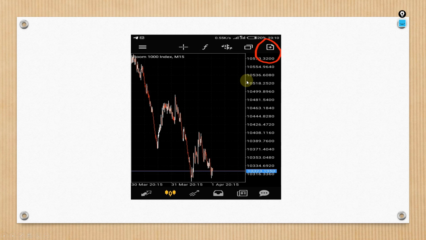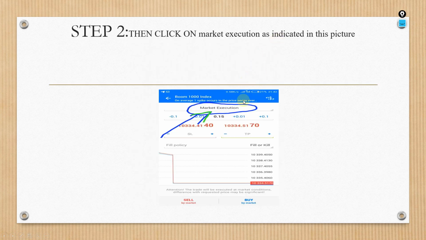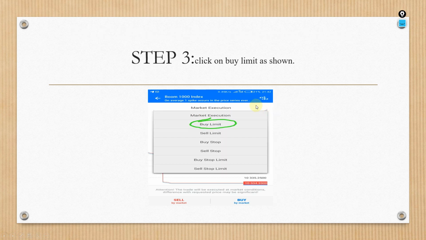After clicking there, you are taken to this page, and it is written market execution. Just click on this same market execution, and it will give you all these types of orders. But right now we are interested in the buy limit order. So we'll click on buy limit.